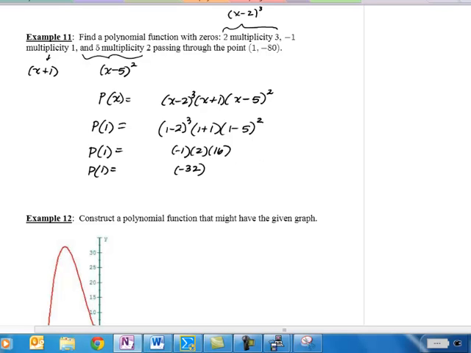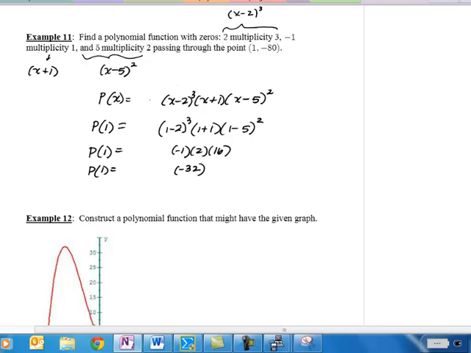But we want it to be negative 80 instead. So we have to figure out how we can adjust this polynomial so that instead of having the point (1, -32), we have the point (1, -80), but we still want to keep the same zeros. We can't change the zeros. So we could shift the graph, but that would move the zeros, so we can't shift. So we would want to think instead about a stretch or a compression.